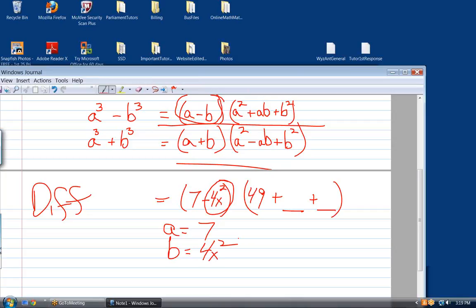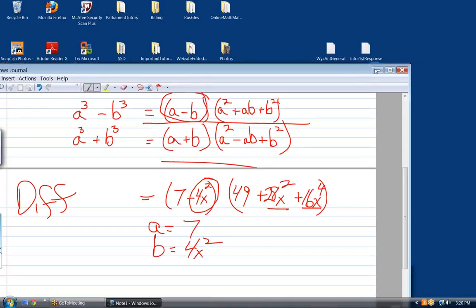You see why? Okay. So now that we know A and B, what's this middle term? 28x squared. And the last term? 16x to the power of 4. Very good. All right.